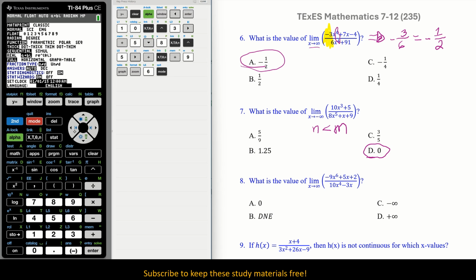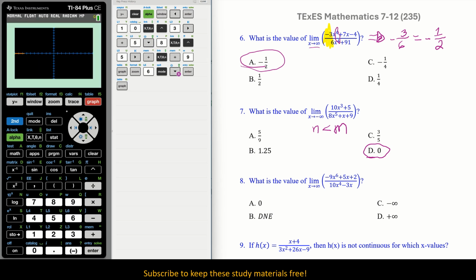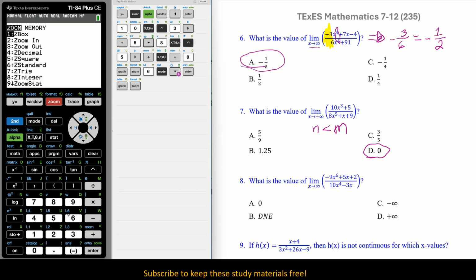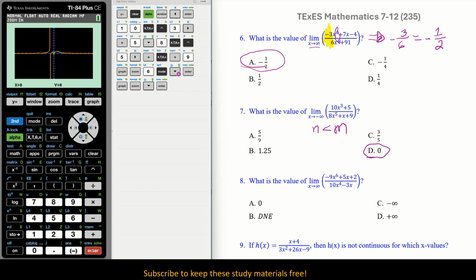I'm going to make sure I'm on real numbers. Enter, graph it again. Okay. Let's try zoom. I tried zoom 6. So let's zoom in. And you have to press enter twice. Okay, that's what I want to see.